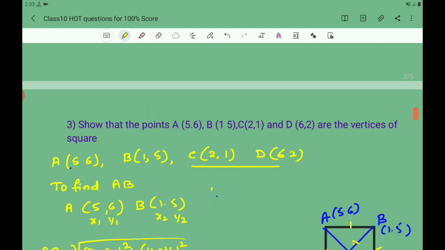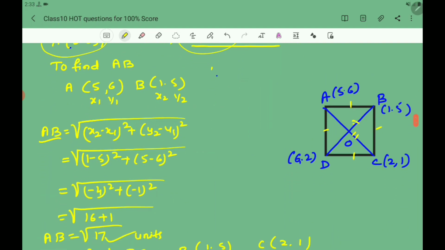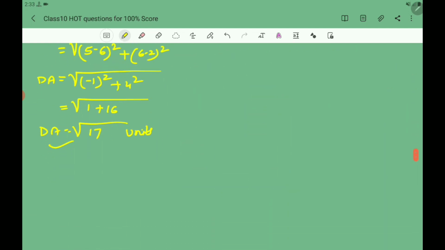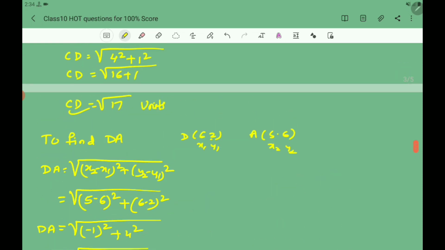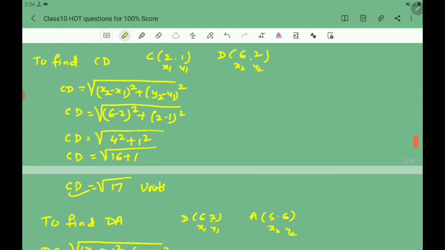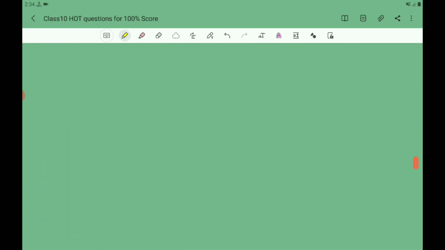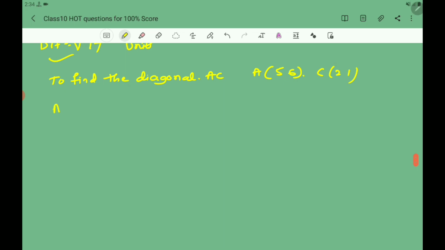To find AC, take A(5,6), C(2,1). Then you write AC.